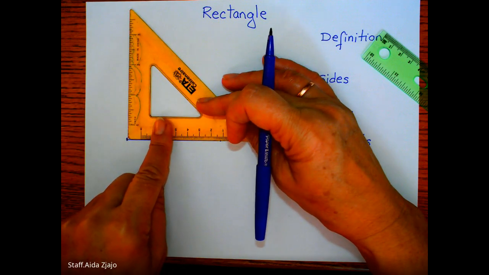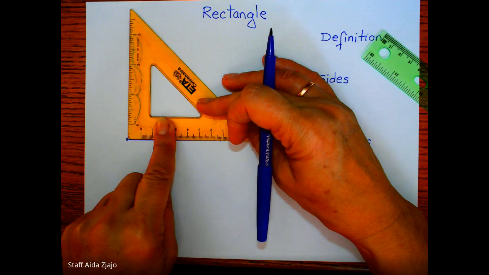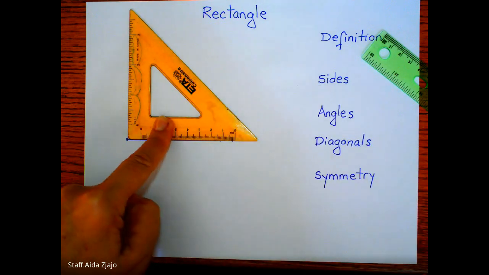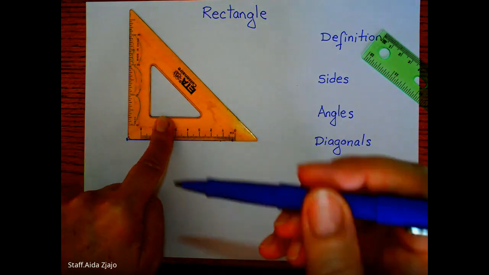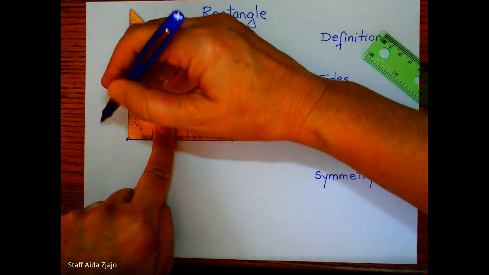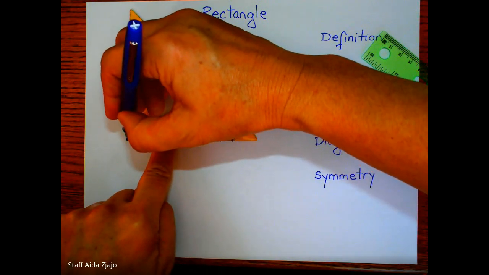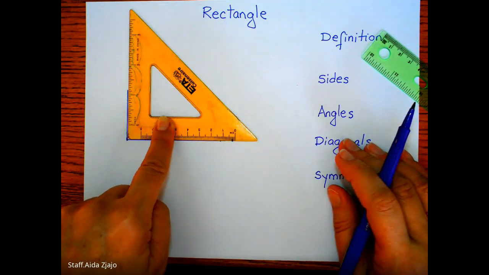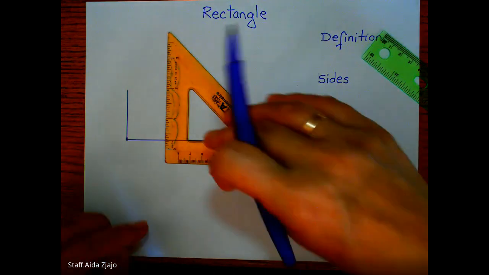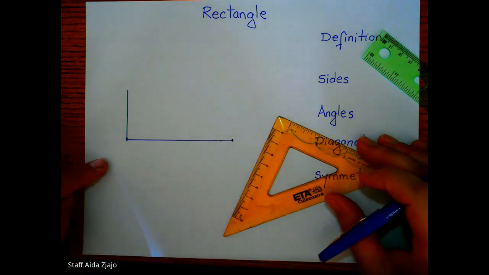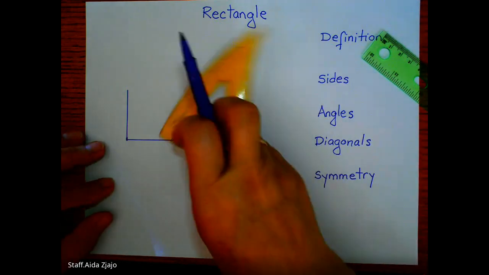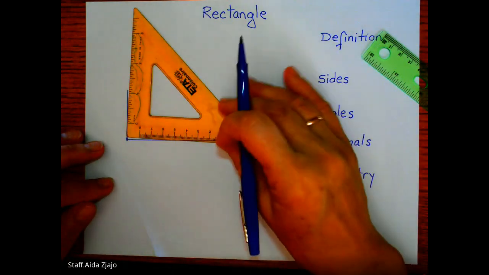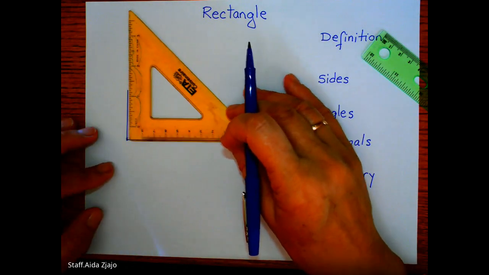So we place the triangle exactly on that line segment, and opposite to it is the other side of the rectangle, which I would like to be 5 centimeters. So I made a right angle by using my triangular ruler, and then I can check.